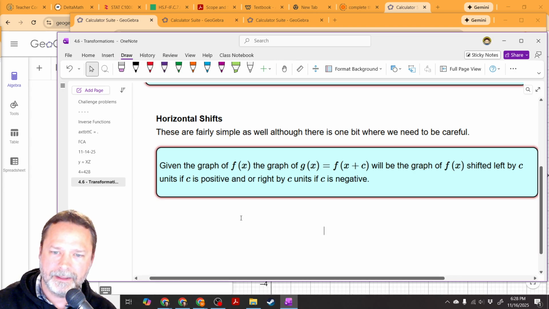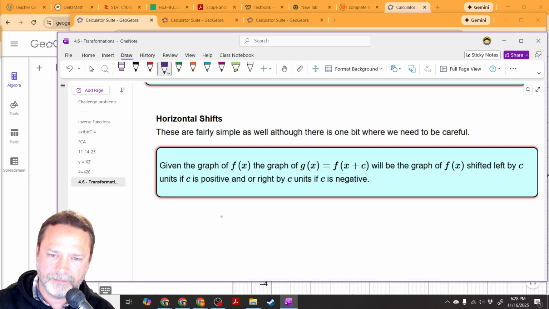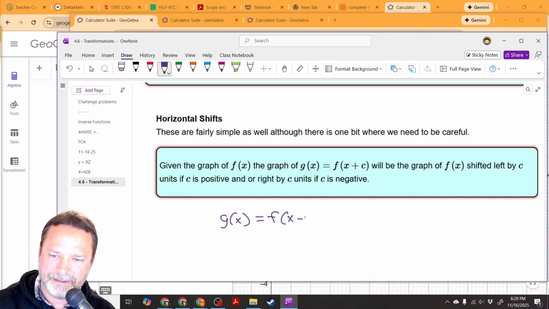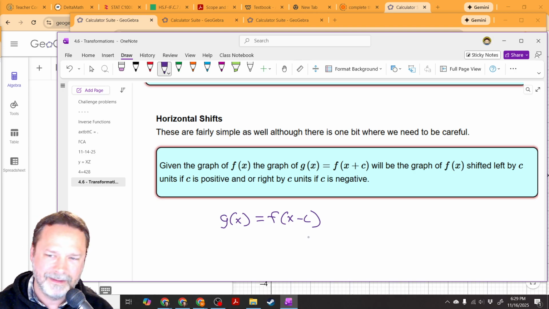And so I like to do this. Let me show you. Instead, we can say if we have g of x equals f of x minus c, then we move c units to the right if c is positive.